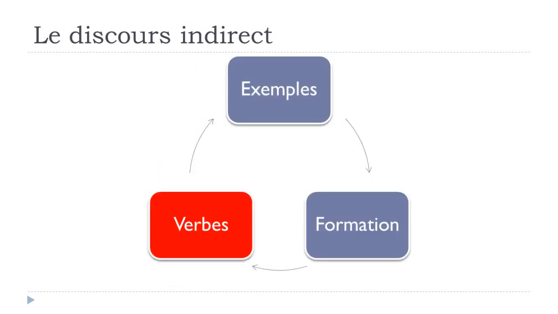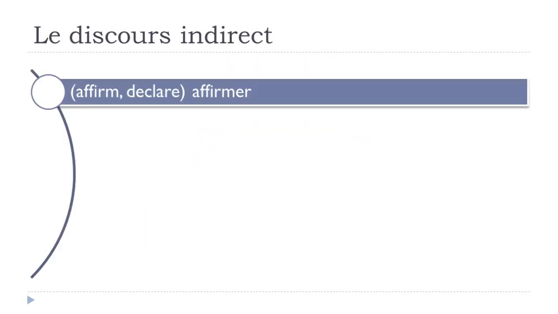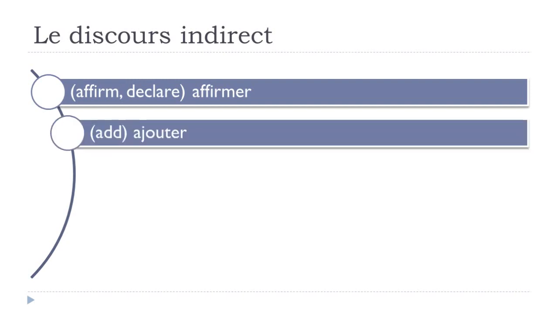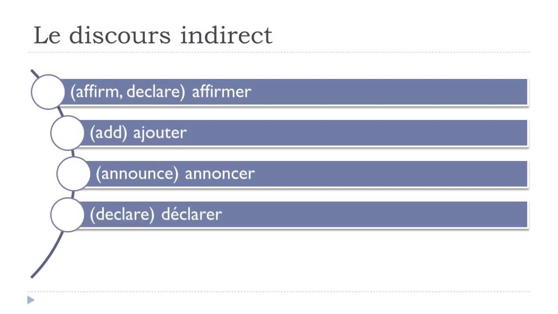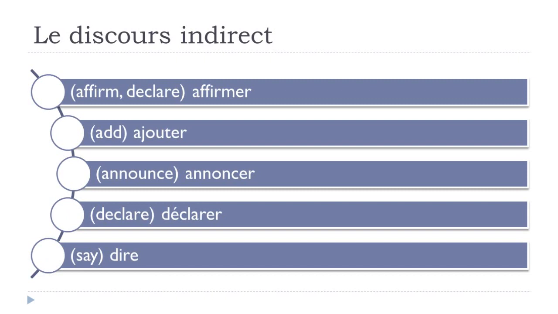And so now let's see the verbs that you could use to introduce this discours indirect. The list will start now. Affirmer, ajouter, annoncer, déclarer, dire.